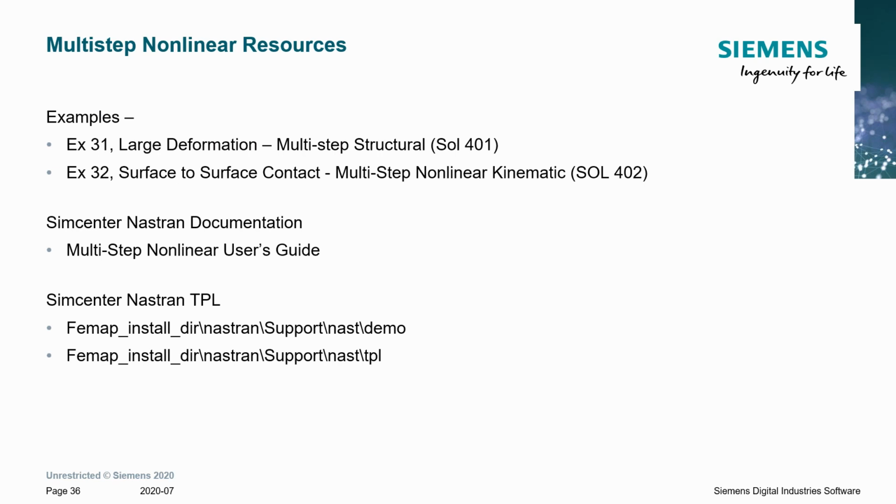You pretty much had to go to the release guide to get 402, but that has been updated. It's a much more robust user's guide. And then there are examples in the Nastran support demo and TPL DAT files. In fact, when you search for it, you'll see 401 or 402 in the file name for those.